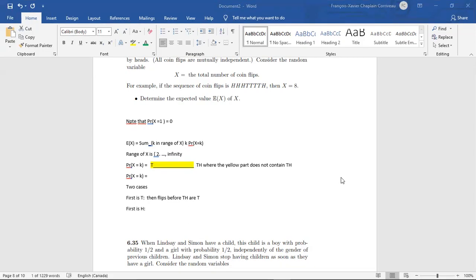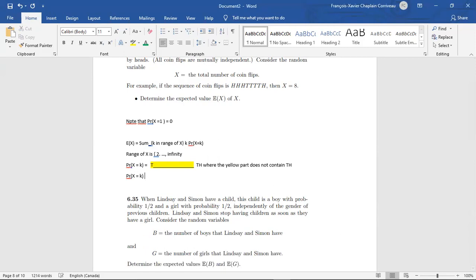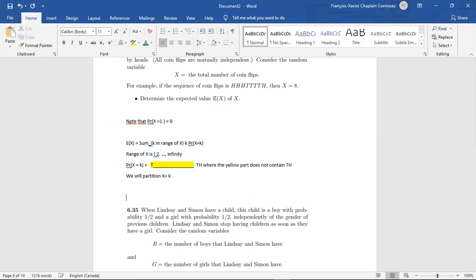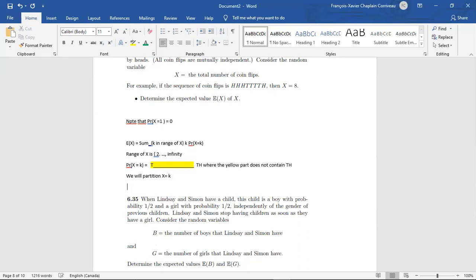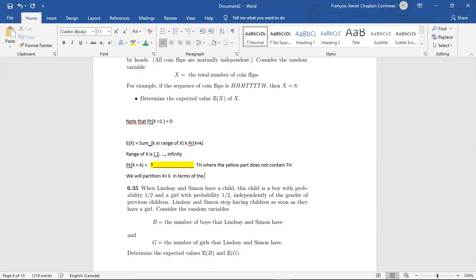And as you will see, we'll have a bunch of things happening. The probability is equal to the probability... so here we will partition this event into several smaller events, in terms of the following events.